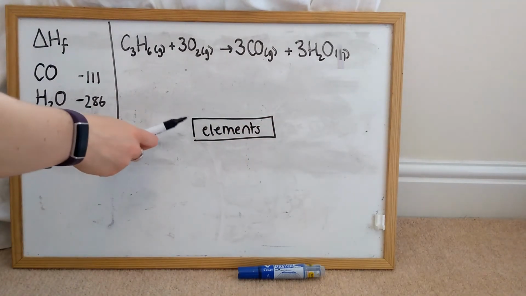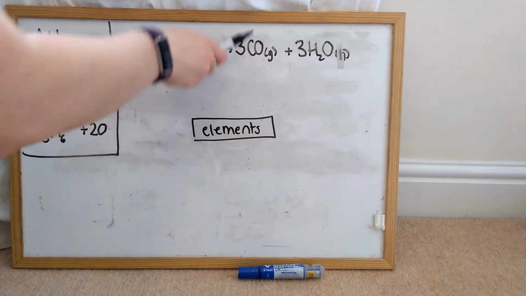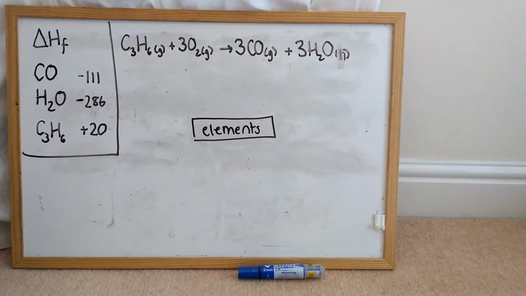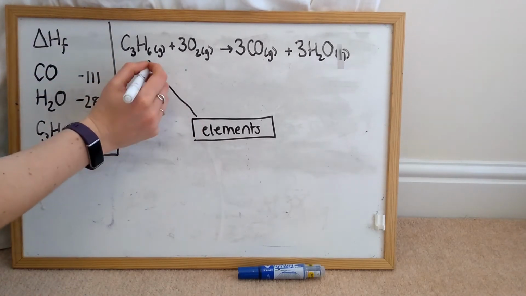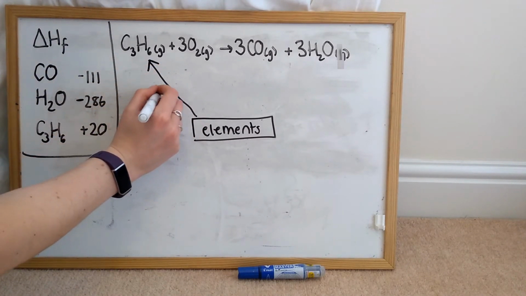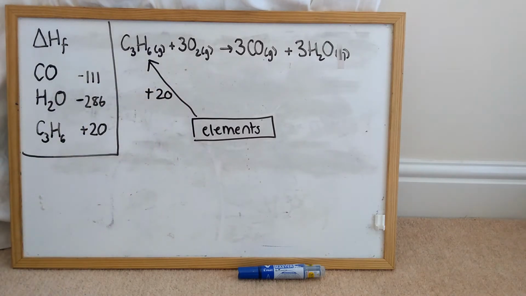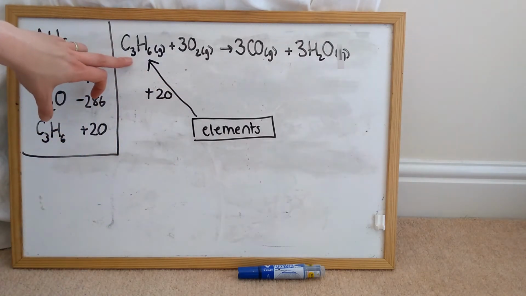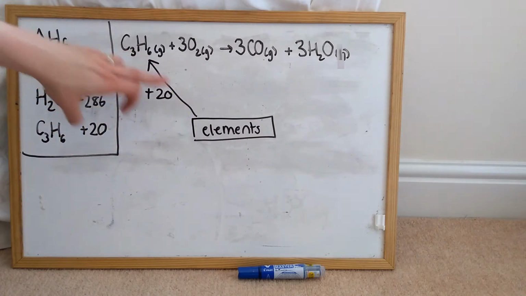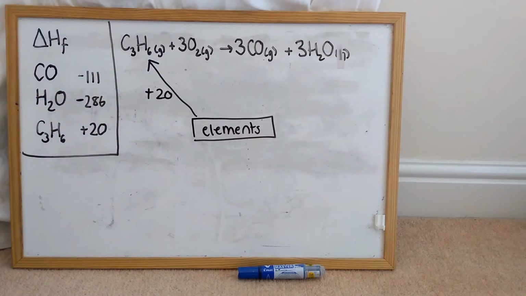Now I need a series of arrows that go from the elements to the different compounds that are being made. So I can see that I have an enthalpy of formation for propene of plus 20. And if you think about the reaction where that's formed, I take the elements, I form them into propene, so my arrow is going in the same direction it would if I was just writing a symbol equation.